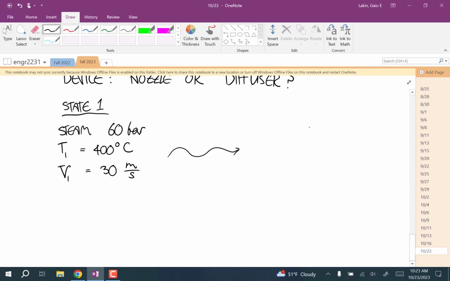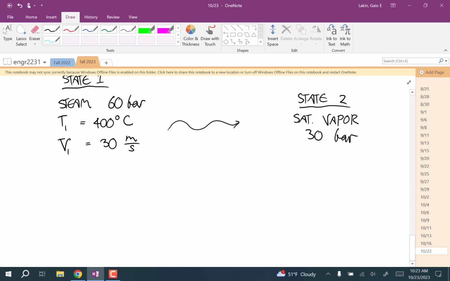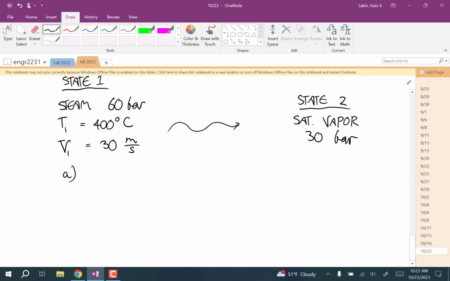And it goes through this process and we end up with a saturated vapor at 30 bar. And we want to know first, what's the speed at state 2? And second, which of these happens first? Which way does it go in time?